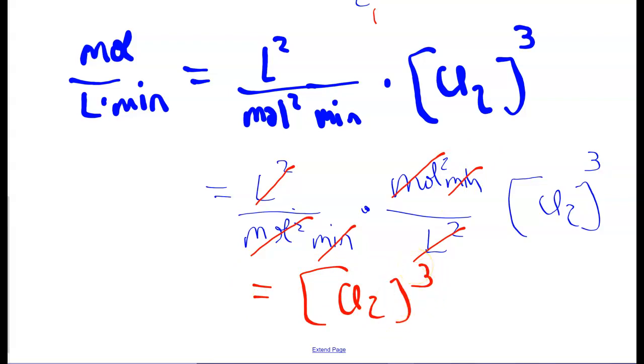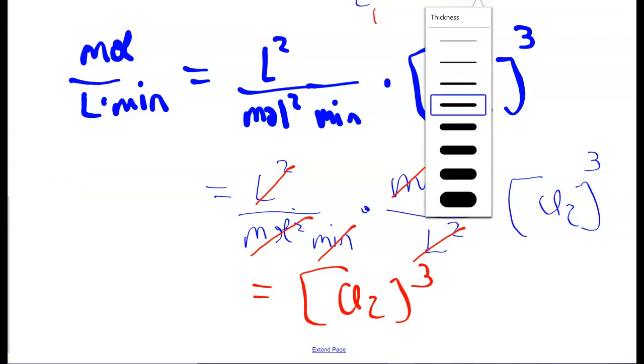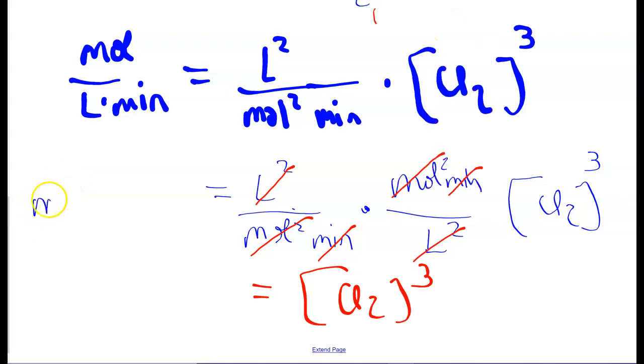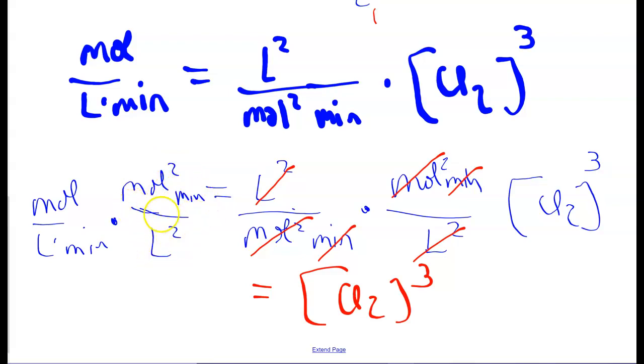Over here, I'm going to erase that just to make it easier for you to read. If it's thinner, you'll have a better chance of reading my handwriting. So we're going to have moles over liter minutes, and we're going to multiply this piece because we had to multiply by the reciprocal. So that's moles squared minutes over liter squared.